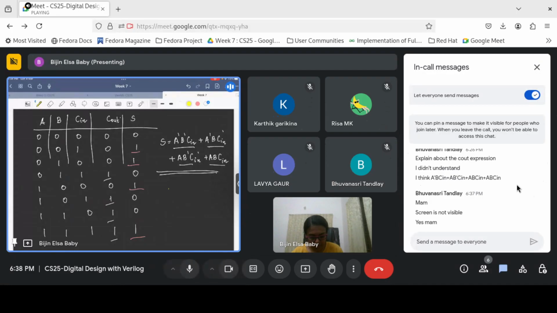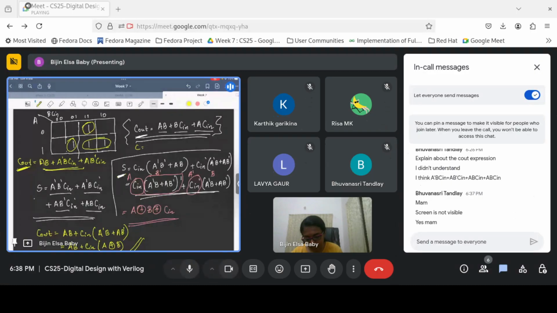So you have two AND gates and one OR gate. And for sum, it's 3 into XOR, and for carry, it is 3 2 into AND and one OR gate.